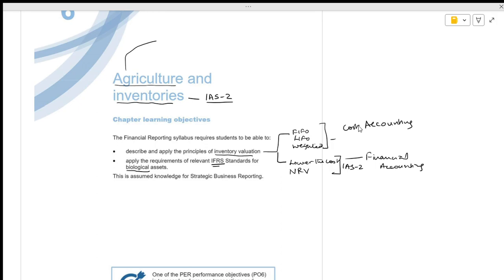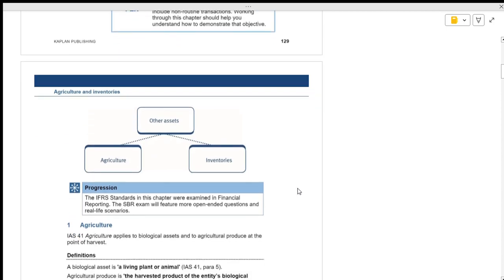Biological assets are very interesting, and this assumes knowledge of strategic SBR. When we do these things, we have a classification with respect to agriculture and with respect to inventory.